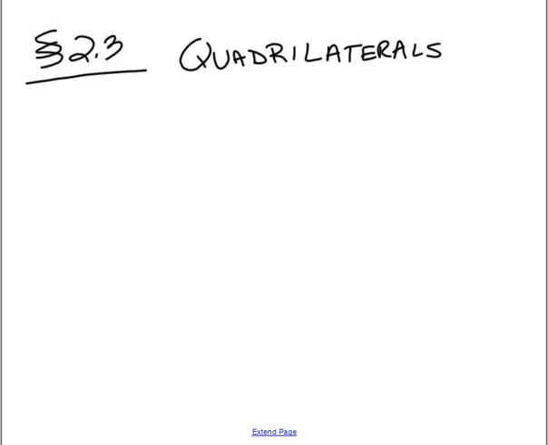Okay, quadrilateral means that it has 4 sides. And there's a lot of different categories, and we're not going to spend a lot of time on that. So please, in your book, take a look at it. There's a parallelogram, a rectangle, a rhombus, a square, a trapezoid.